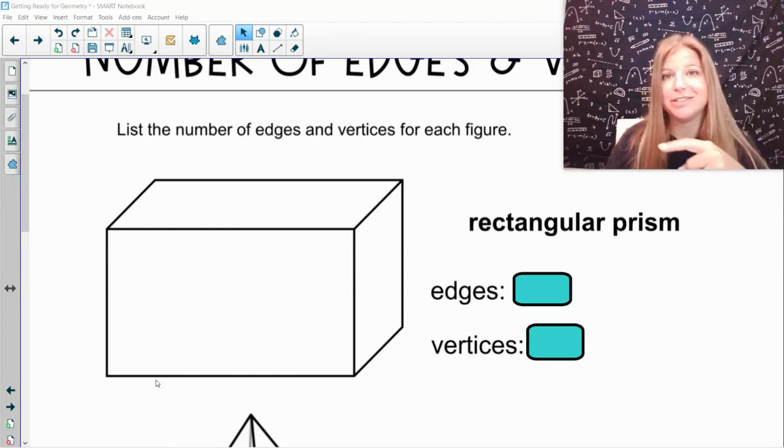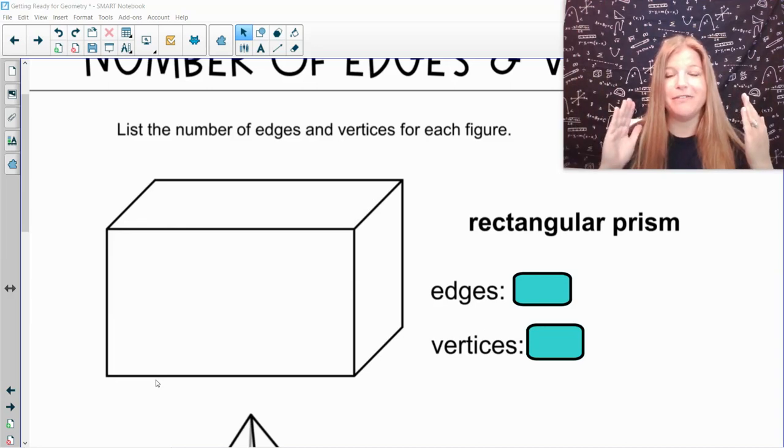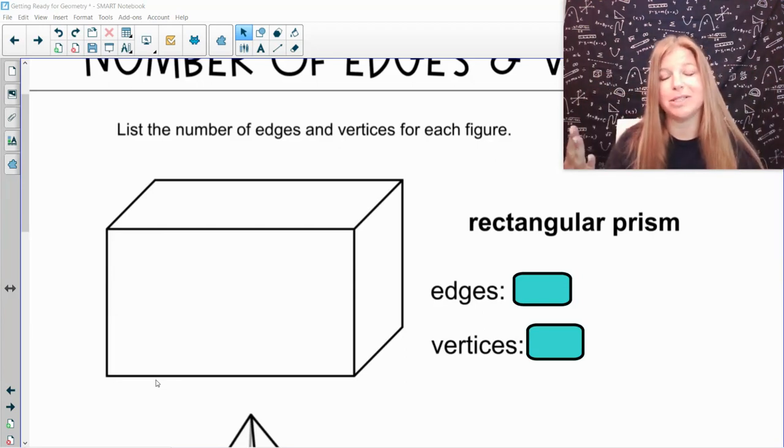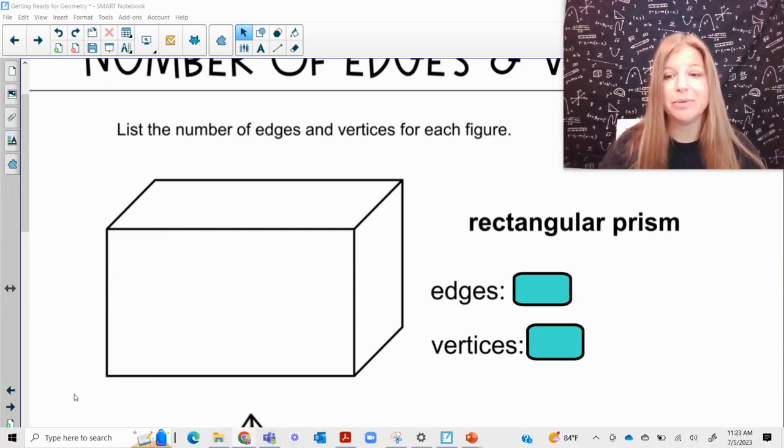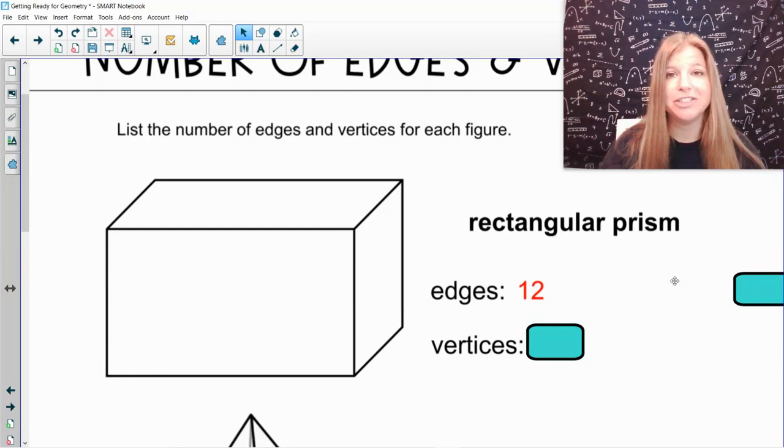You have 4 edges around the bottom where the floor meets your walls, but then you also have the edges where all the walls meet. So you have 1, 2, 3, 4. So you have 4 edges up top, 4 edges on the bottom, and then 4 edges where your walls all meet. So altogether you would have 12 edges.